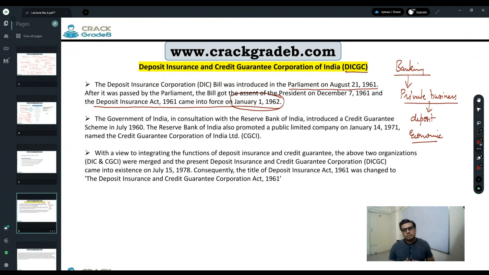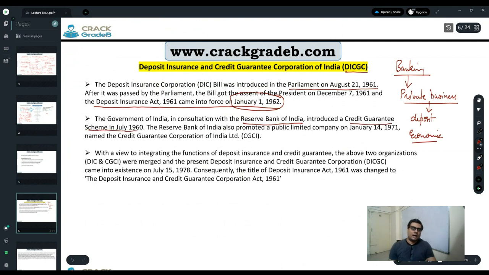To develop the industrial base in India, industry needed credit, and that is why the Government of India in the 1960s thought that we must have an organization which can provide credit to industries. With this objective, the Government of India, in consultation with Reserve Bank of India, introduced the Credit Guarantee Scheme.